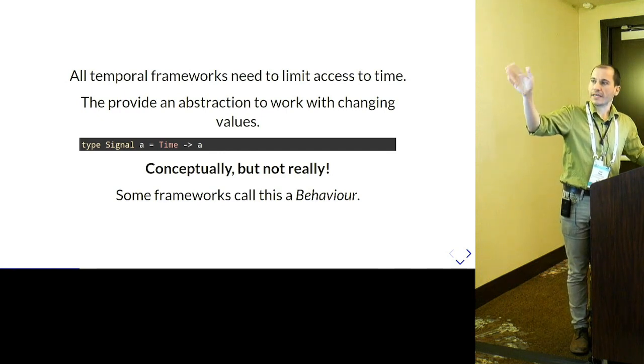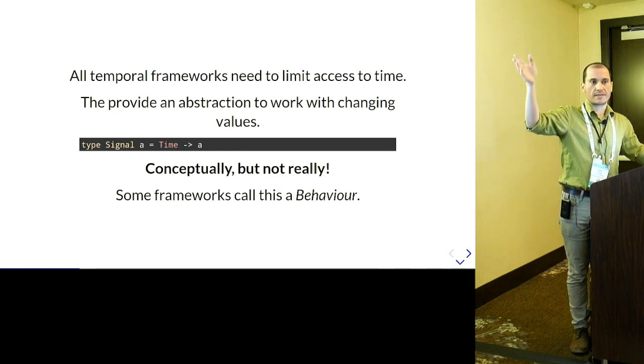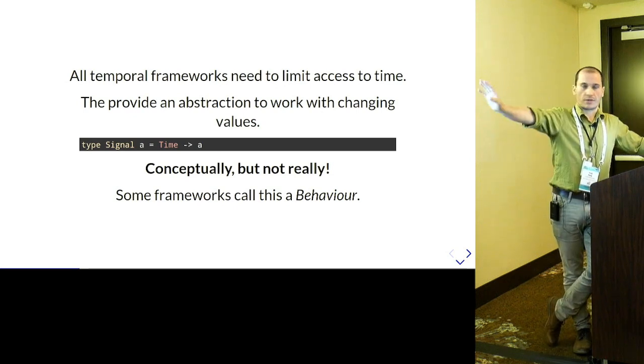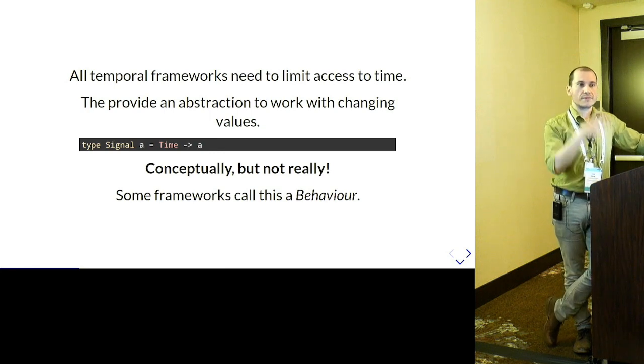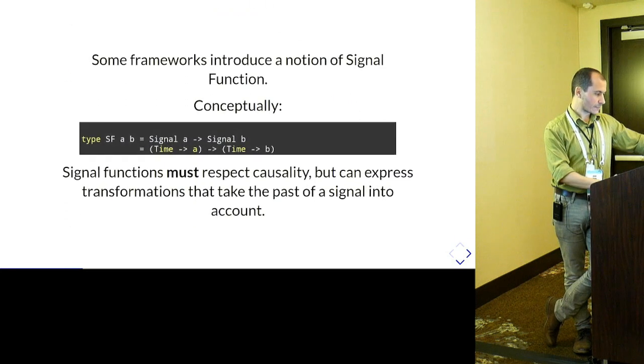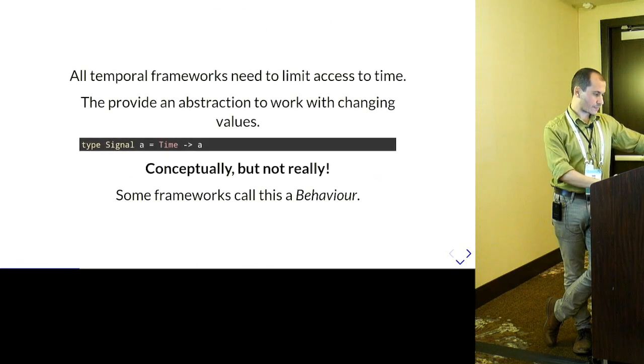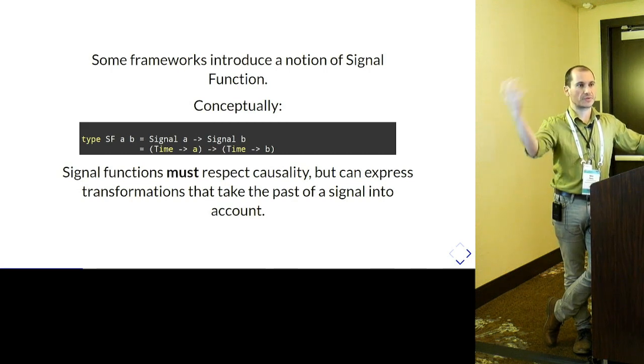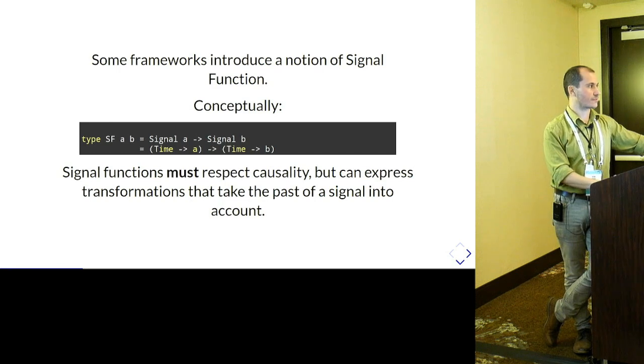And in FRP, the main temporal abstraction is called a signal or a behavior. And conceptually, it's what you saw earlier, a function of time, but there are additional constraints. In the framework that we're going to use, instead of writing systems in terms of signals, we're going to use something called signal functions. And the idea behind the signal function is that if we get the input signals we have available, for example, the mouse position and so on, we can define a picture based on the input signals like the mouse position.